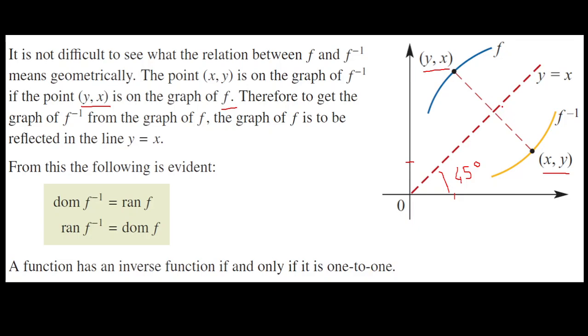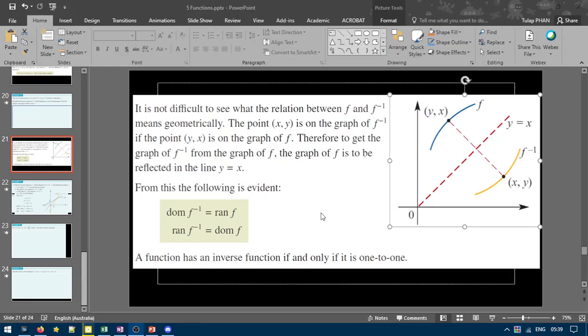Just notice you have a right angle here, and also those two lines, if you use a ruler, they're going to have the same measurement. Now, to graph that, let's say you have your yellow curve.